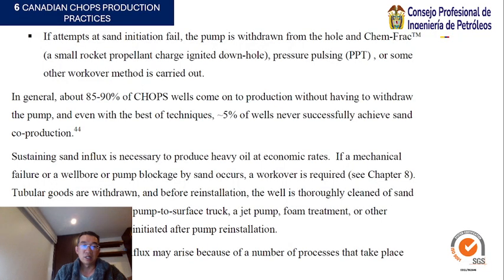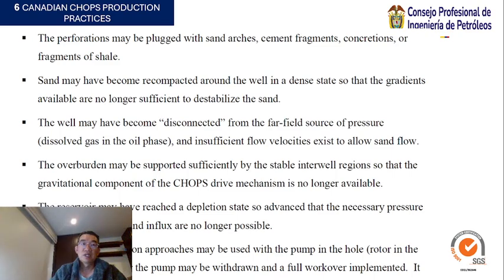However, the loss of sand influx may arise because of a number of processes that take place outside the casing. The perforations may be plugged with sand arches, cement fragments, concretions, or fragments of shells.